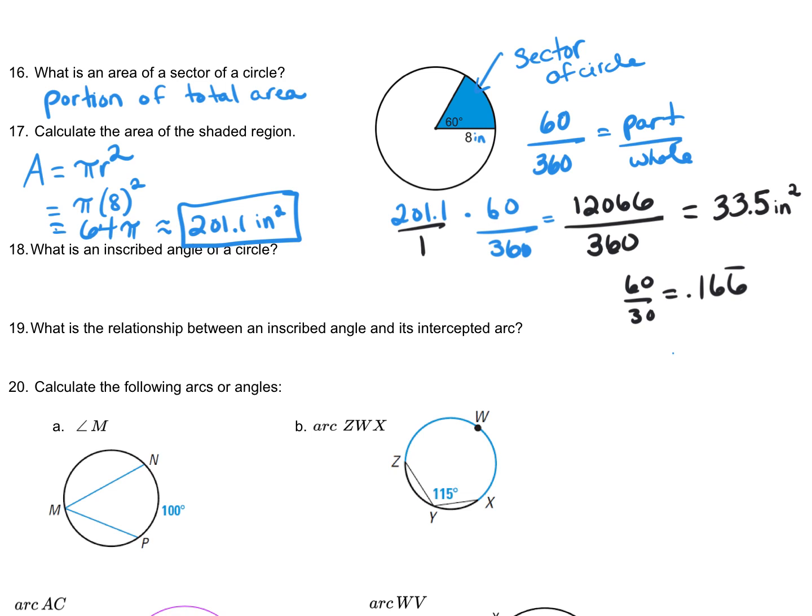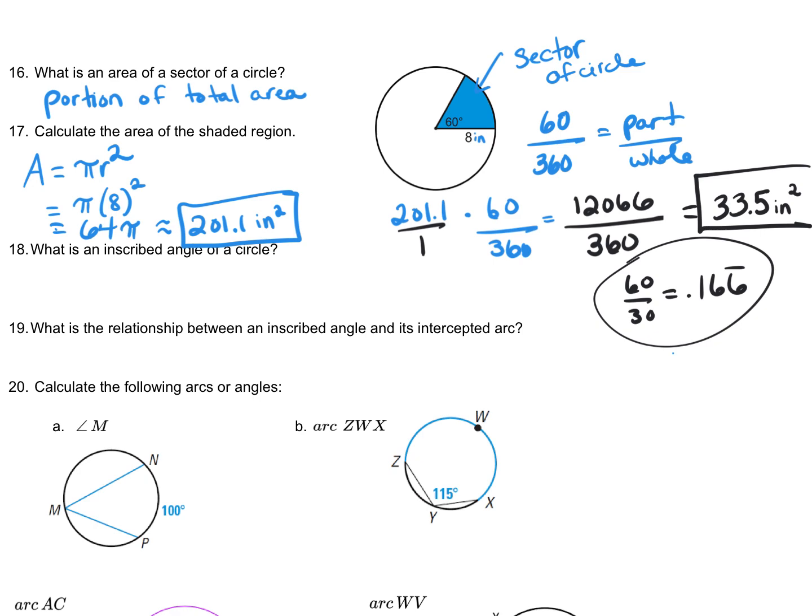So you run the risk of not getting the most accurate answer when you round off that 0.166. But the area of that sector represented by 60 degrees of the total 360 is 33.5 inches squared.